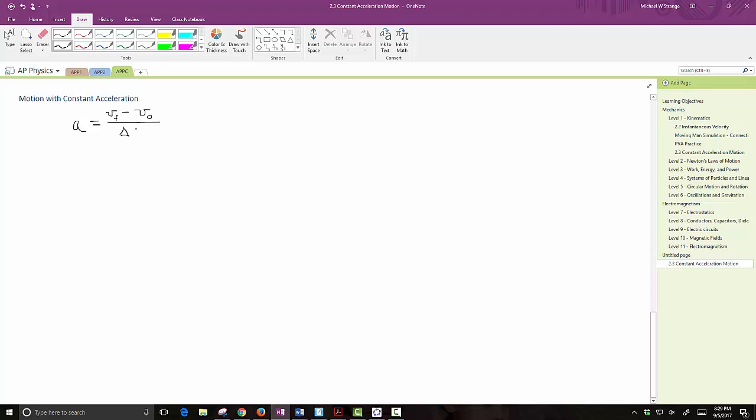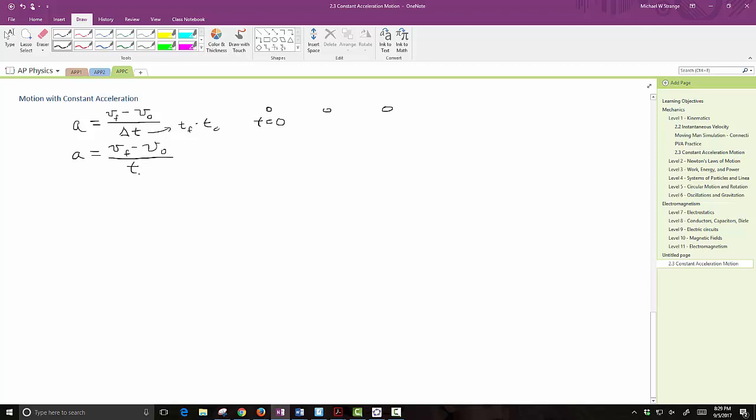However, whenever I have a particle that's in motion, we normally want to use an initial time of 0. So what we get is that our acceleration is going to be the final velocity minus the initial velocity over, this part right here would be t_f minus t naught, but I'm going to set that equal to 0, so it's just over t. So however much time it takes if we start at 0.